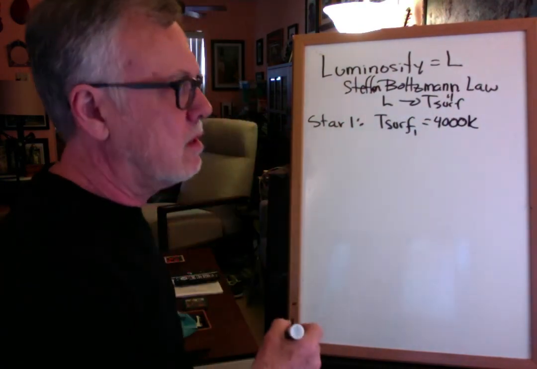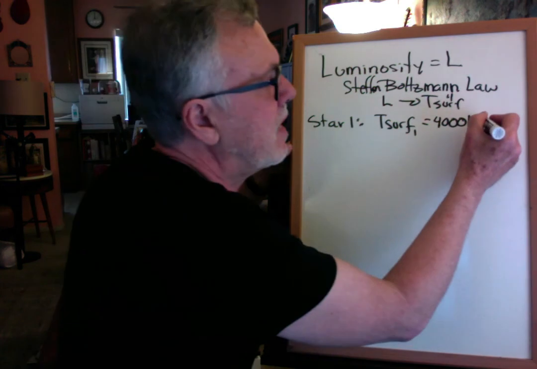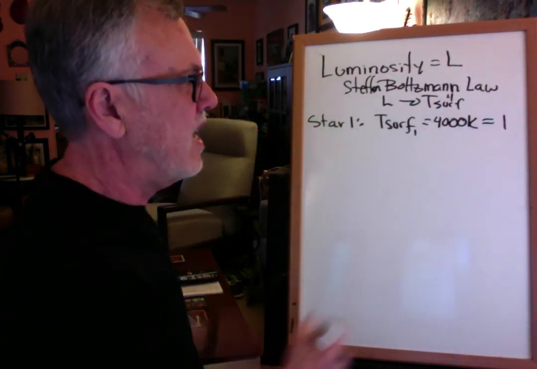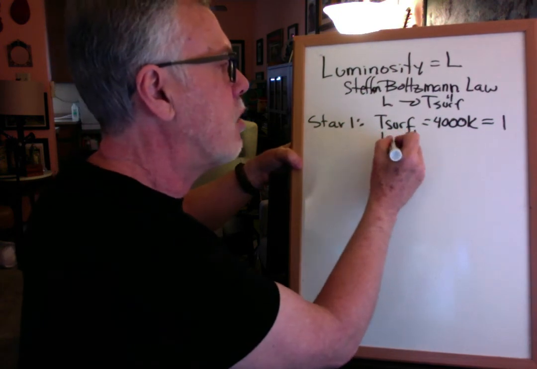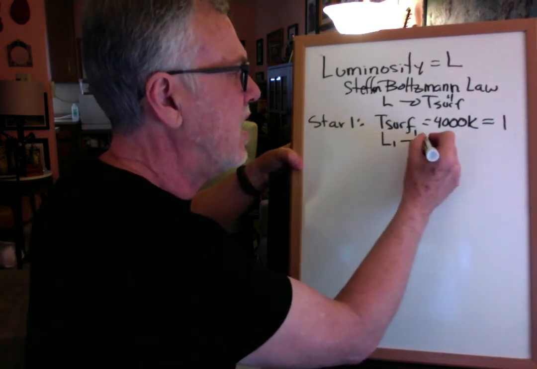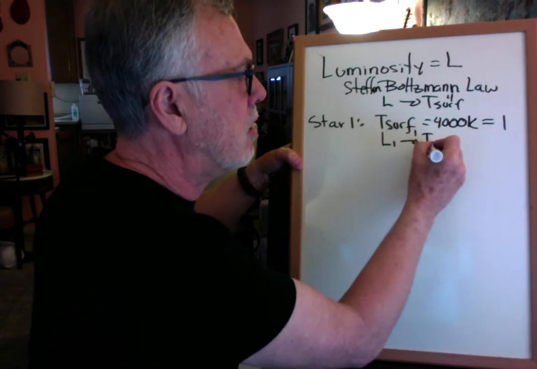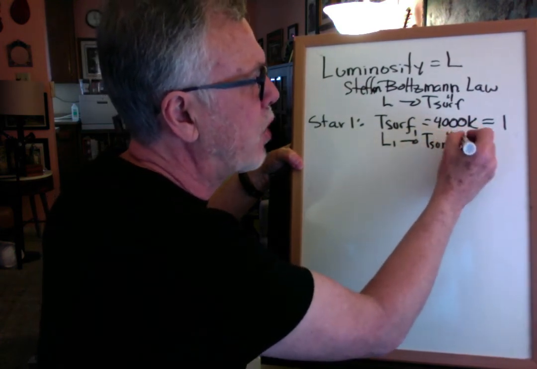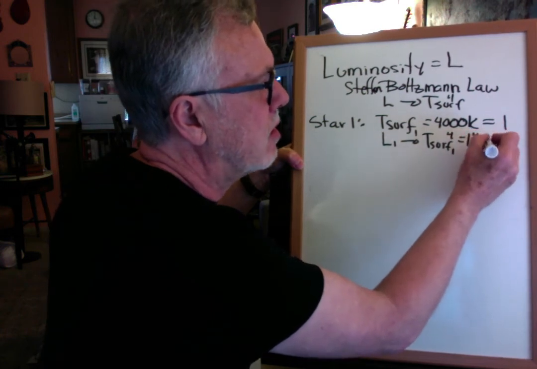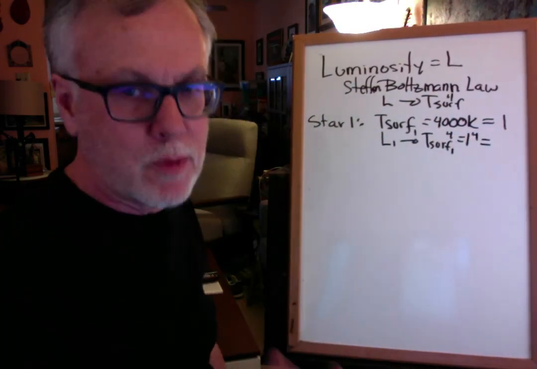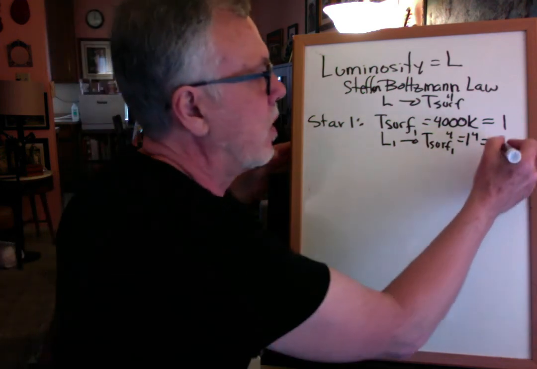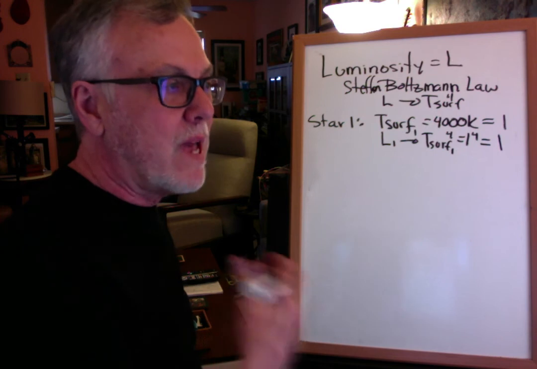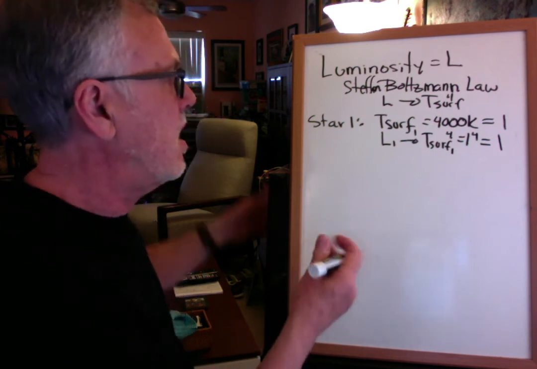I'm not going to use 4,000, I'm just going to give it a value of 1 to make this easy. Therefore, the luminosity of star 1 is related to its surface temperature to the 4th power, which is 1 to the 4th power. Well, guys, what's 1 times 1 times 1 times 1? Well, obviously it's 1. That doesn't tell us anything. Let's now compare that to a hotter star.